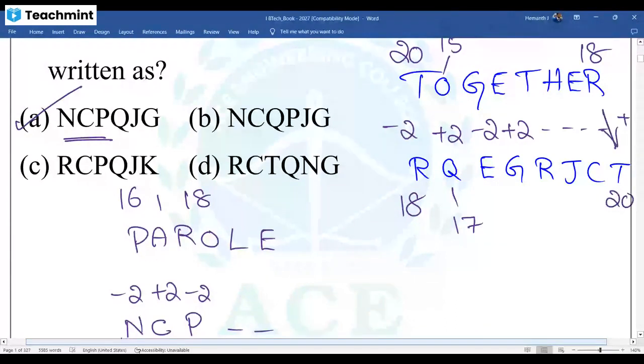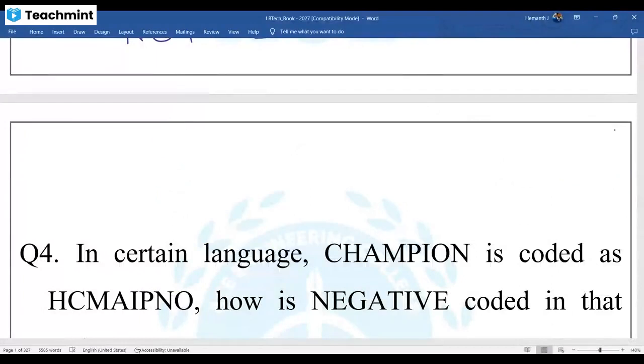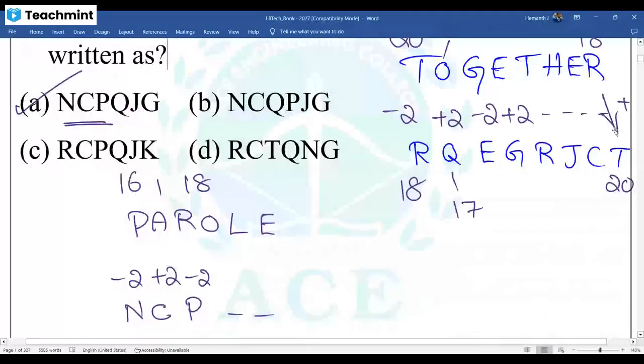Maybe that option is available. So please be careful, check at least 1 or 2. Don't simply end the question by checking the first letter or last letter. At least work on 2 to 3 letters. Is it everything +2? Is it everything -2 or not? Because in this question you can sense there is an alternation. First -2, then +2. You may create a new question, first +2, then -2 also.